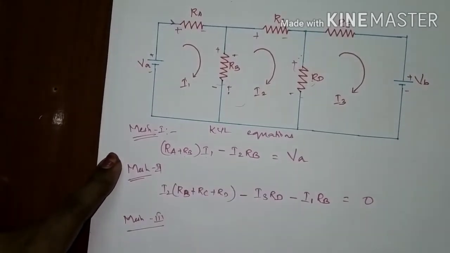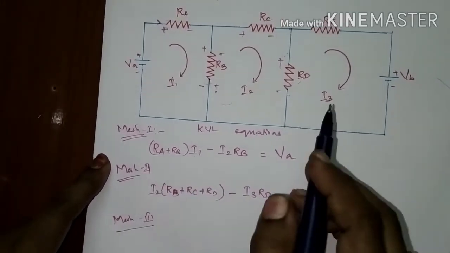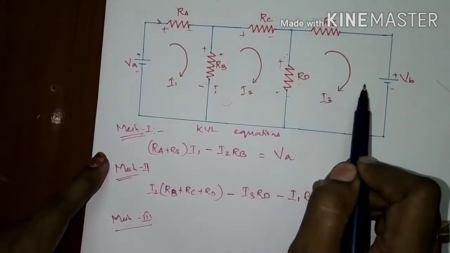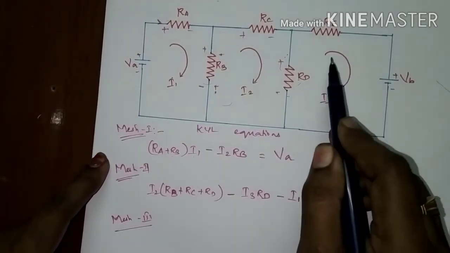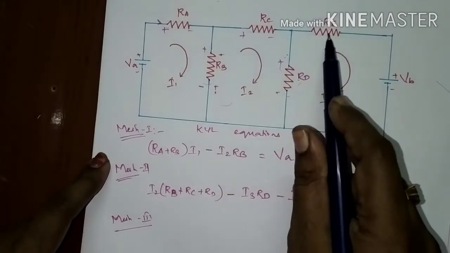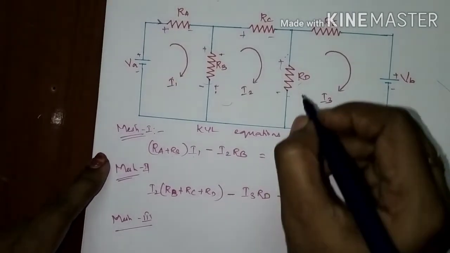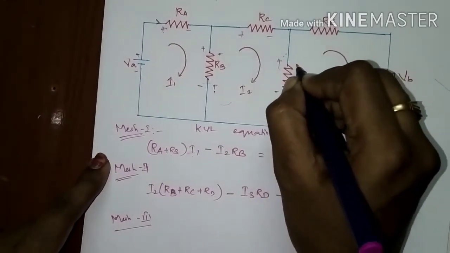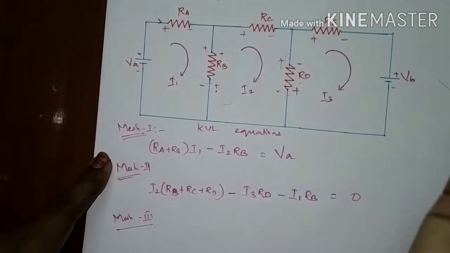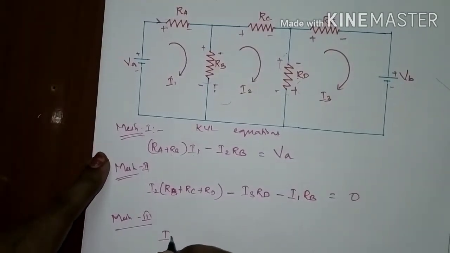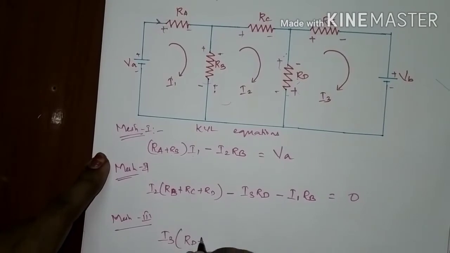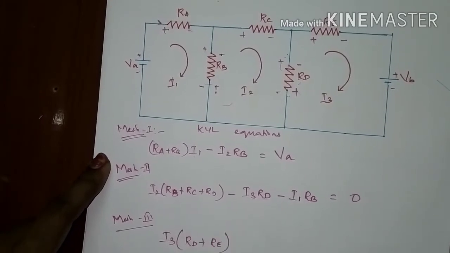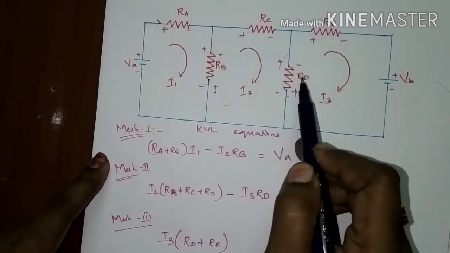This is mesh 2 and this is mesh 3. Here in mesh 3, the current flows in this direction. This I3 flows in RE and RD, produces a potential drop, enters positive and leaves negative. So I3 into RD plus RE.